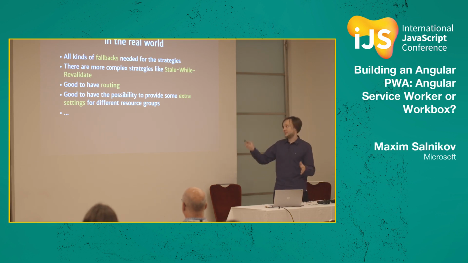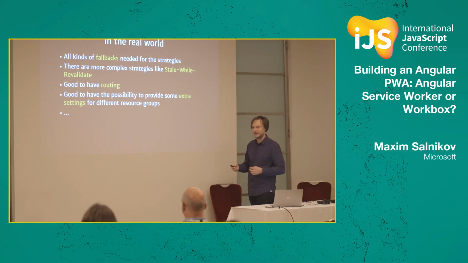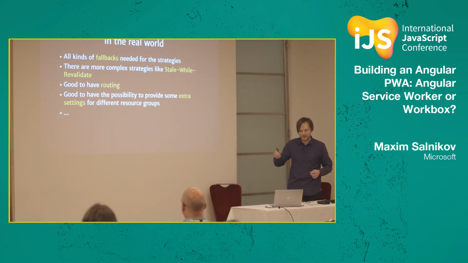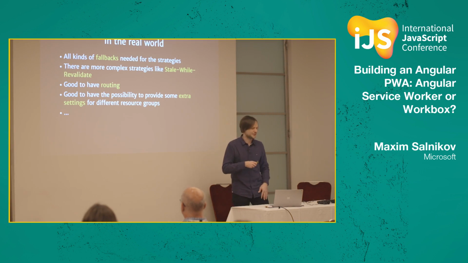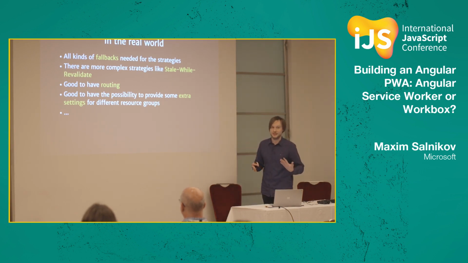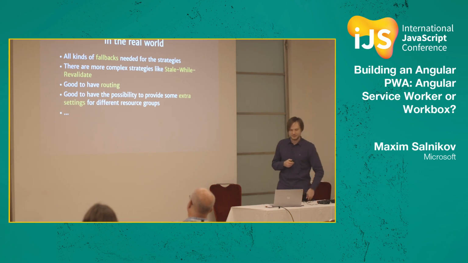there is a variety of strategies. For example, stale while revalidate is when you serve something from cache immediately and at the same time check whether it was updated. Instead of this set of ifs for all your possible URLs, you end up implementing some form of routing. You don't want to have an if with 100 branches, right?